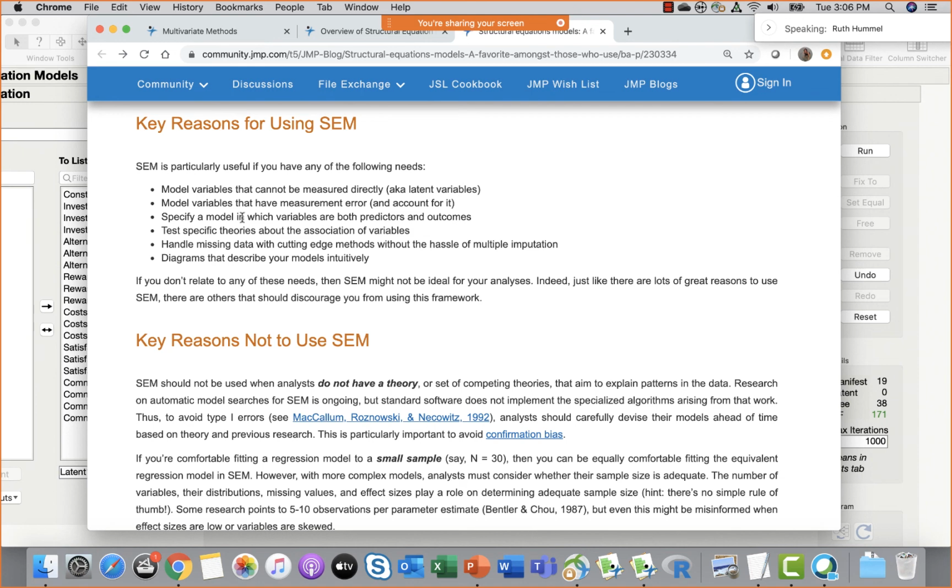Key reasons to use it are if you have latent variables or measurement error that you're trying to assess, or models where variables are both predictors and outcomes, so you can write those paths to be recursive. Investment could affect satisfaction, which then affects commitment. So satisfaction works both as a predictor and as an outcome. But yes, you absolutely should have a theory that you're testing and some kind of idea when you're using structural equation models. Awesome. Thanks, Ruth.